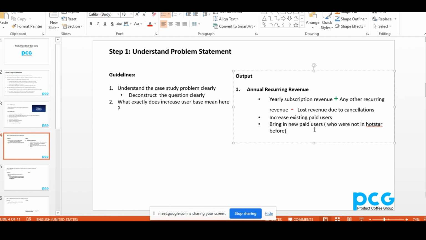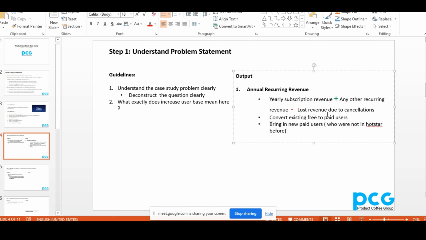And the existing users, you should not lose them, right? If you lose them, then even though you're bringing in new people and increasing the paid users, existing free to paid users, even if you do these two things, but the existing paid users, if you don't retain them, retention is not good, still the ARR is not going to increase, right?